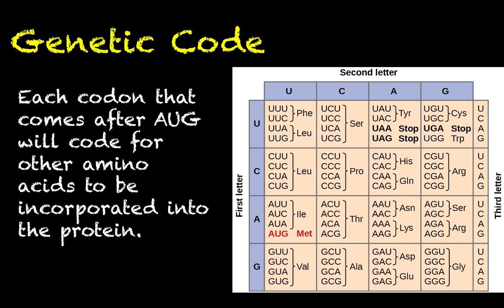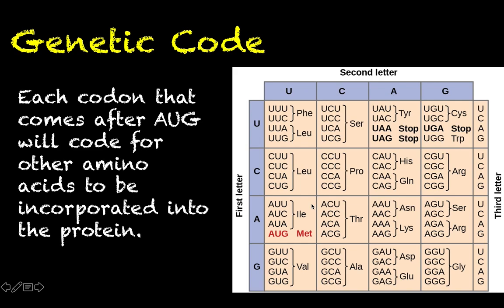Each codon, or sequence of 3 RNA nucleotides, codes for a different amino acid. There are 64 different codons, but only 20 amino acids to code for, so you'll notice that there are a lot of redundancies here. For example, all 4 of these codons here code for the same amino acid alanine. All 4 of these codons here code for the same amino acid valine.